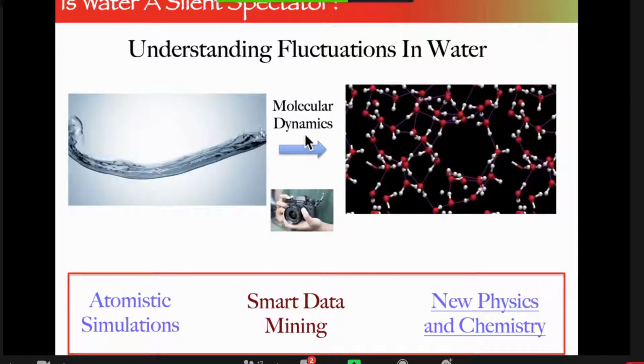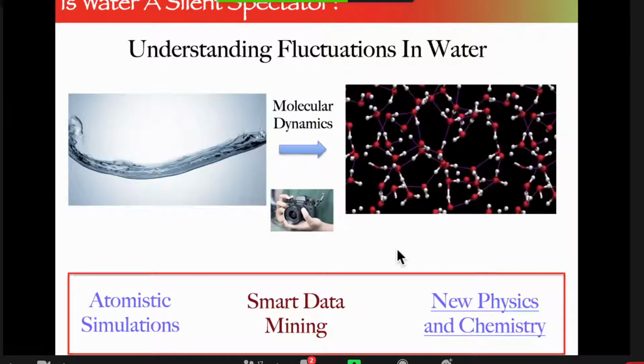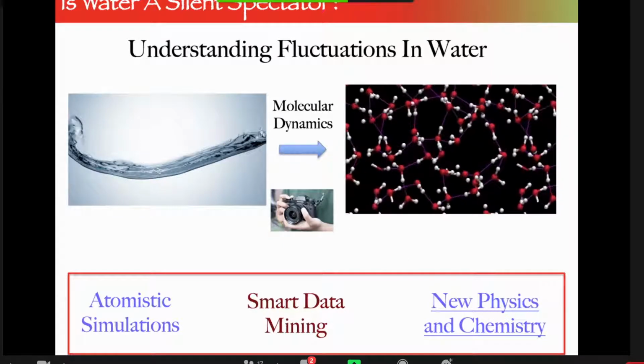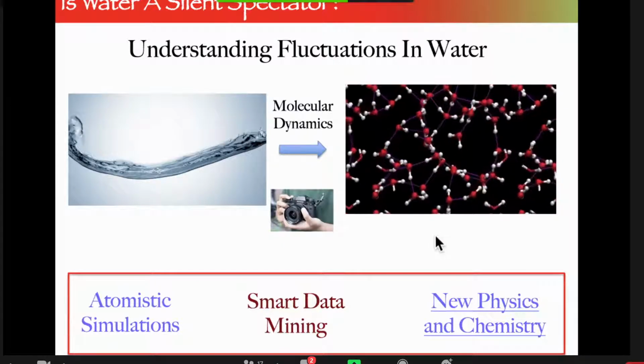This is a very powerful tool. I won't go into the details, but think of it as a way to take a camera and take nice molecular photographs of water molecules and whatever you might be interested in, to understand the different types of interactions.